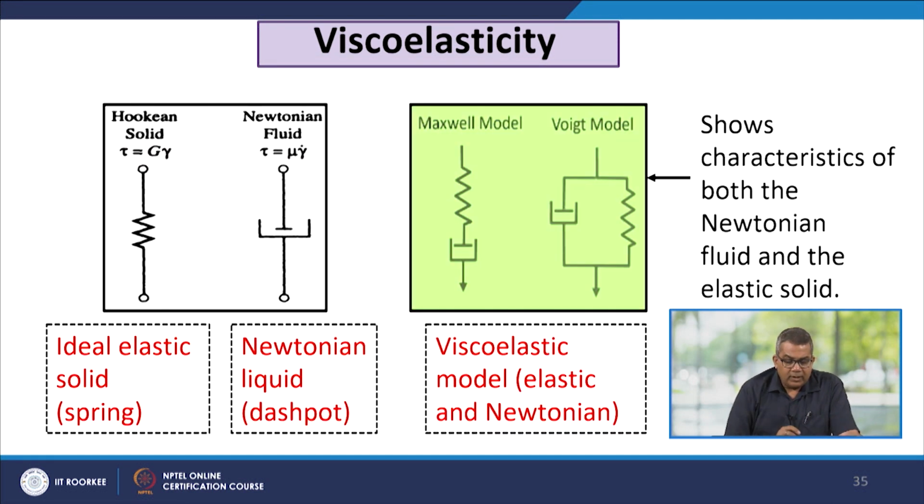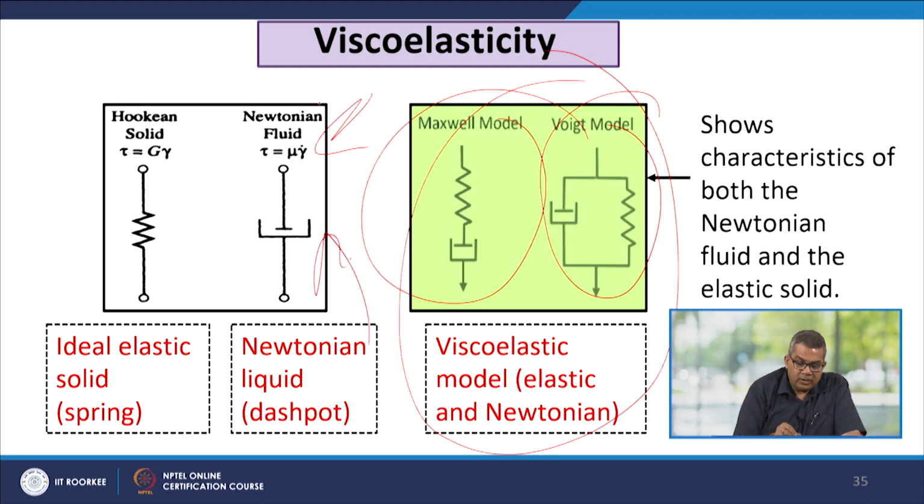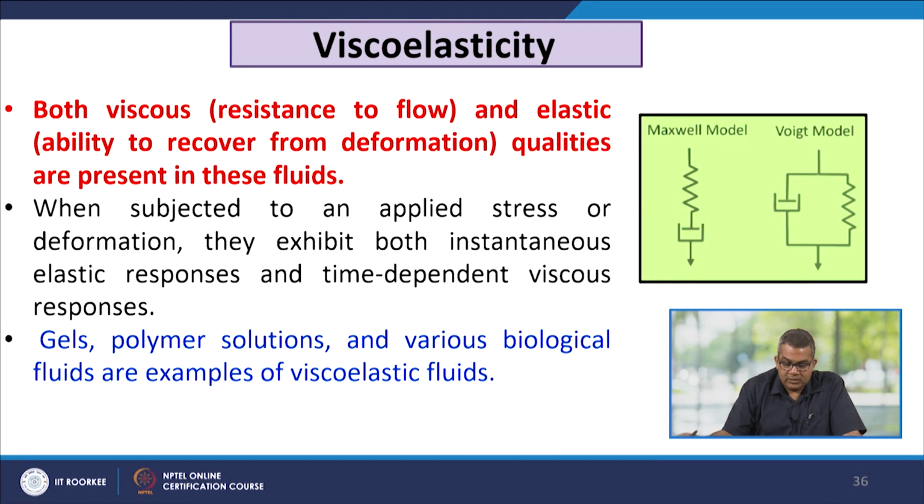Now this particular figure shows the characteristics of both the Newtonian fluid and elastic fluid. Here you see the difference between the Maxwellian model and the White model. This is the viscoelastic model of elastic and Newtonian, and this one is the ideal elastic solid, the spring, and the Newtonian liquid, that is a dashpot. So here you see the difference.